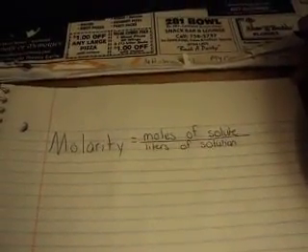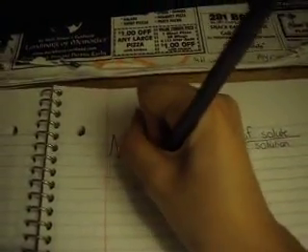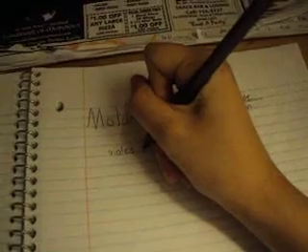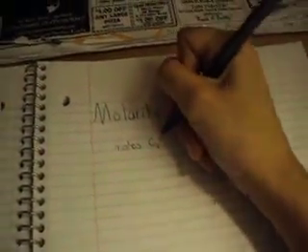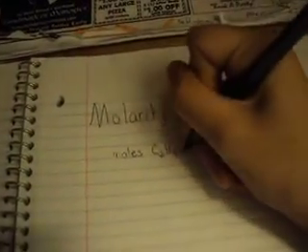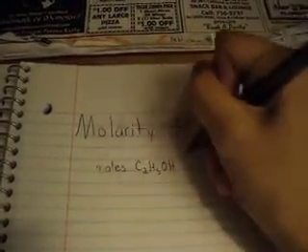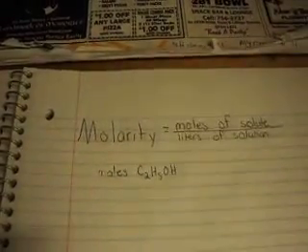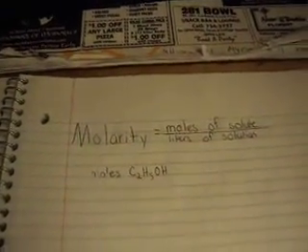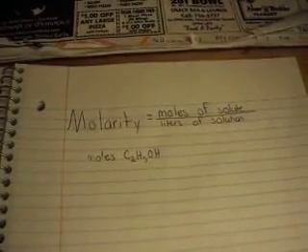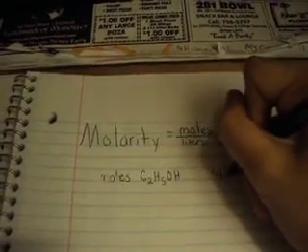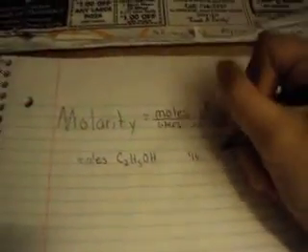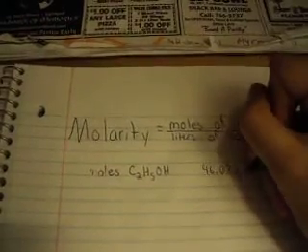So first we have to figure out the moles of ethanol. Ethanol is C2H5OH. We take the atomic mass, which is already known, 46.07 grams per mole.